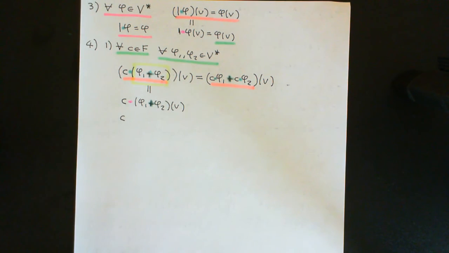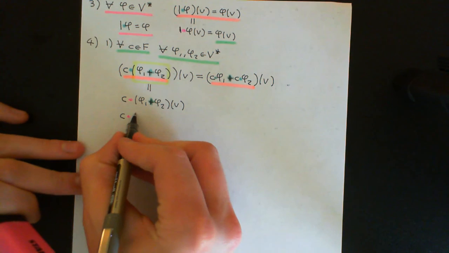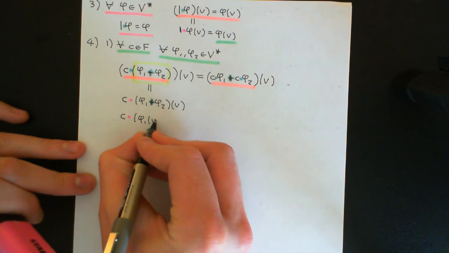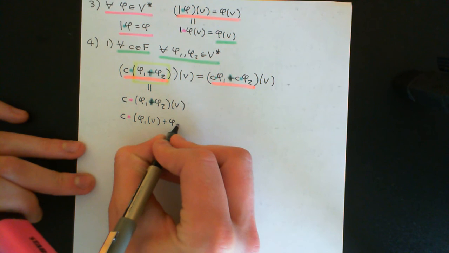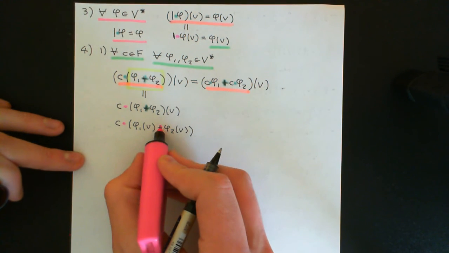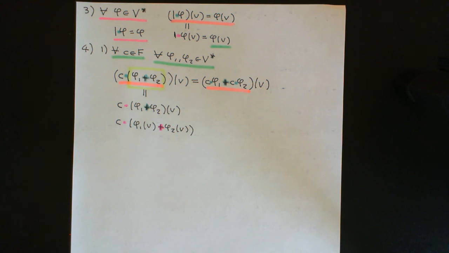Well, we'll leave the c with the multiplication there in the field, and now v1 plus v2 of v will just be v1 of v plus v2 of v, where this addition is now addition in the field. That's just applying the definition which we gave for addition of covectors in the dual vector space.